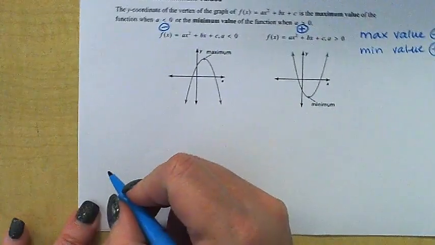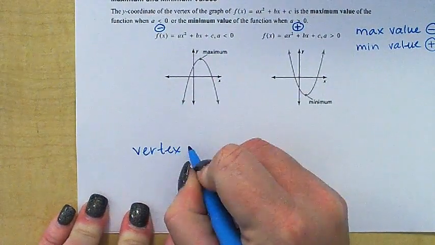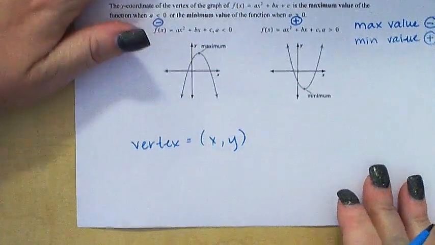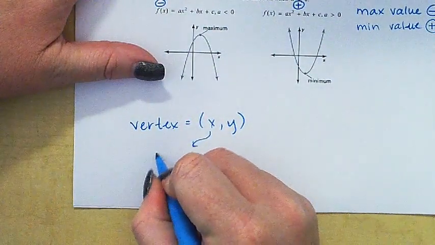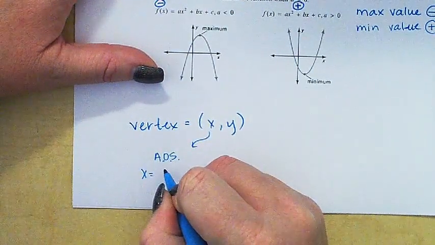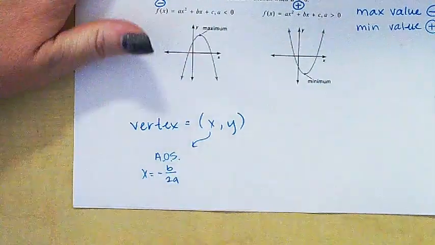What we do need to figure out now is how to find our vertex. And our vertex is an ordered pair of x and y, and we have a way to find each of those. So our x is going to be our axis of symmetry, and we're going to use our formula of negative b over 2a.